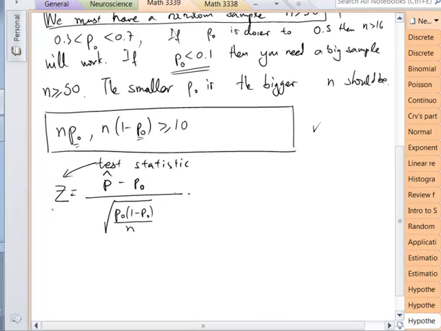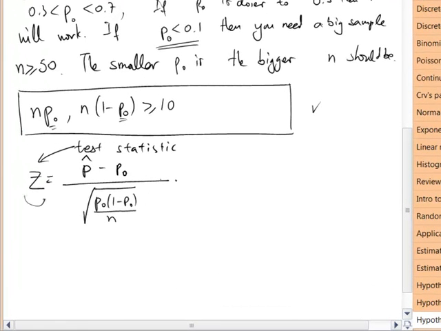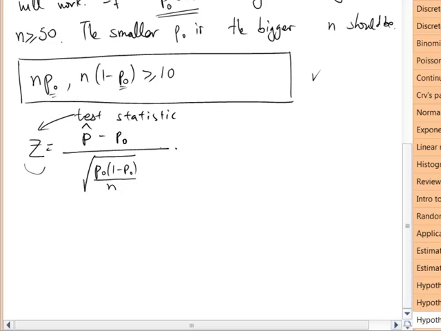And then what do I do? I compare the value of my test statistic with the critical value, or I find the so-called p-value. So what is the p-value? Let's say the p-value for the right tail test.